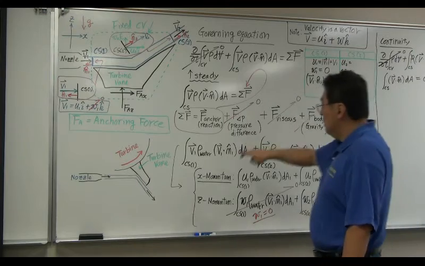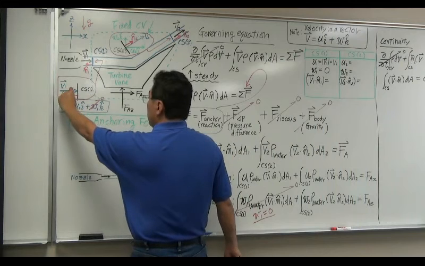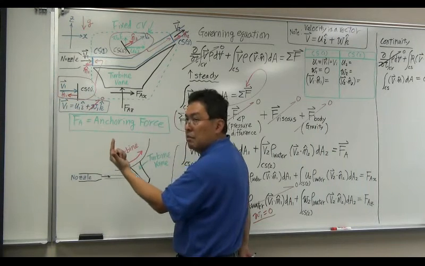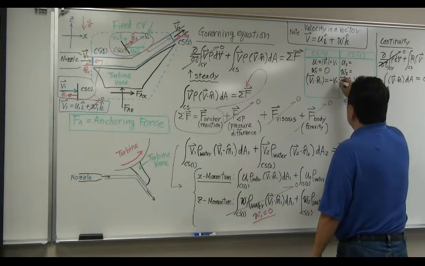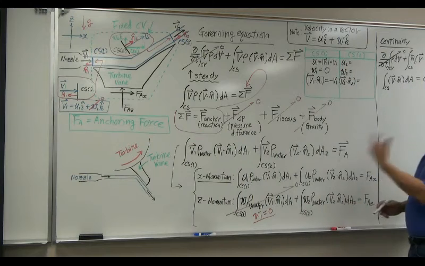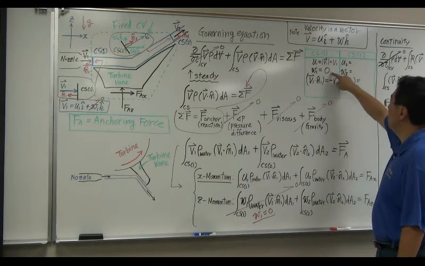If you take B1 dot N1, what happens? This is incoming flow, so if you take a dot product between those two, a minus sign comes out. So this is actually minus B1, the magnitude of the incoming velocity. Make sure you figure those out.